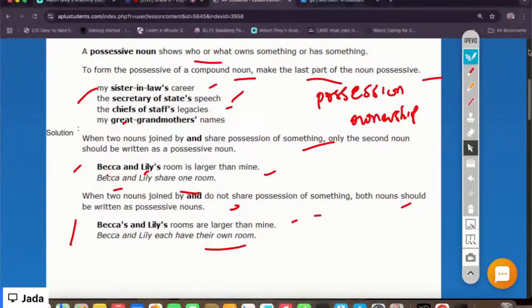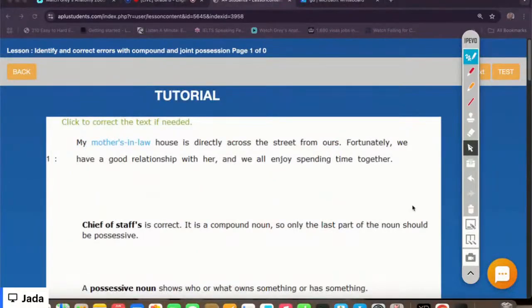But if they share possession, only the second one would have the possessive form. Click to correct the text if needed.